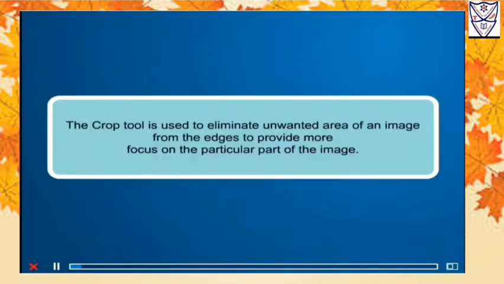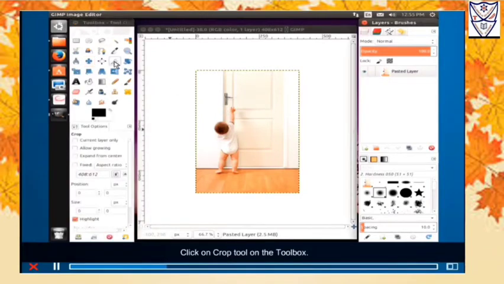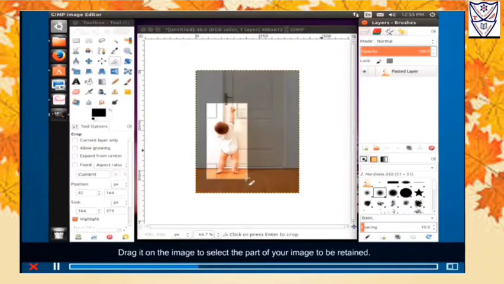Crop tool. The crop tool is used to eliminate unwanted area of an image from the edges to provide more focus on the particular part of the image. To crop the image, click on Crop tool on the toolbox. Drag it on the image to select the part of your image to be retained.